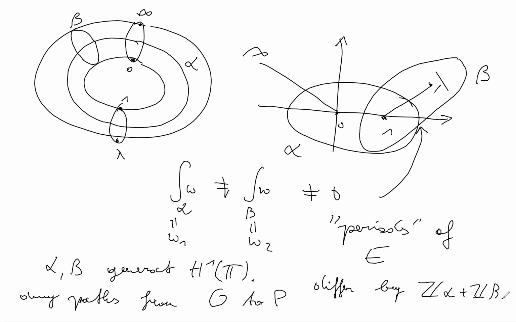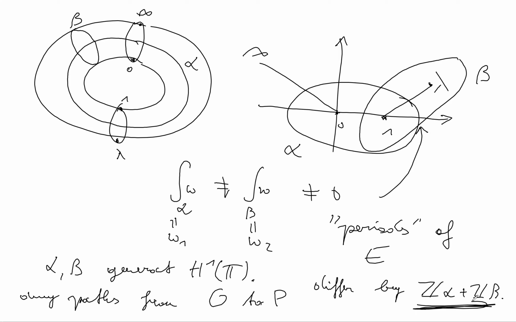So I can simply add any element in my homology group, and it won't really change the integral of my path. But that's good, right? So we said that if I integrate along two different paths, then in general it will give me a different answer. But now I actually know what I have to mod out to make sure that all the answers are the same, right? I have to mod out by these combinations. Okay, and that's exactly what we're going to do.